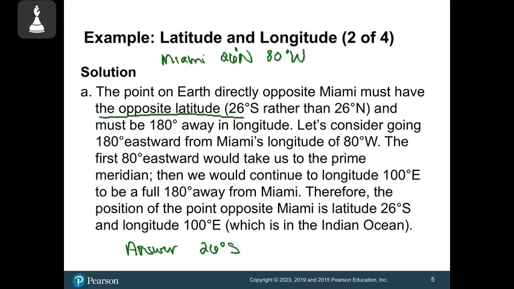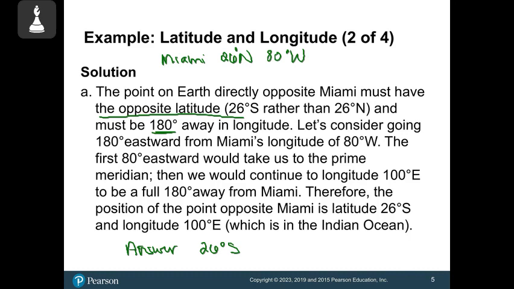For the longitude, they have to be 180 degrees away. So you're going to work on that prime meridian. You're at 80 degrees west, and then you have to move 180 degrees either east or west and figure out where you're going to end up. So if you do that, you go 80 degrees east. That's going to get you to the prime meridian.